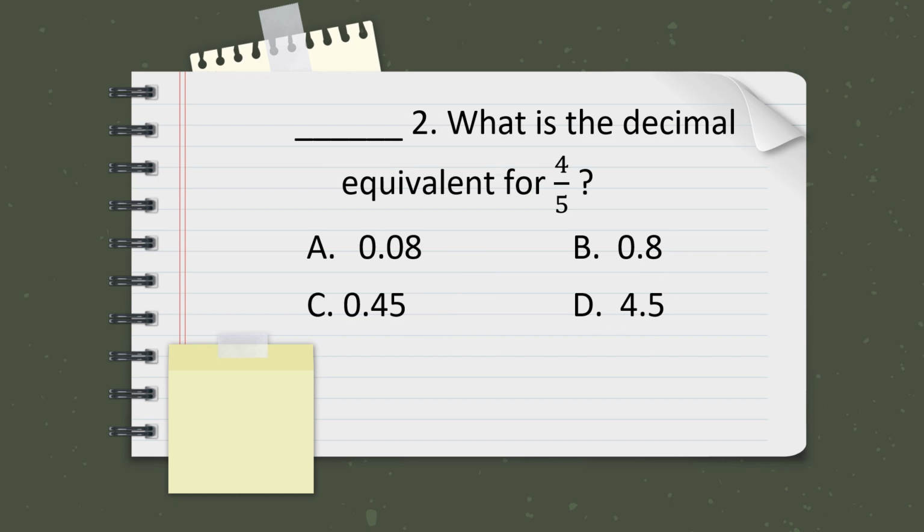Number 2. What is the decimal equivalent for 4/5? A. 0.08. B. 0.8. C. 0.45. D. 4.5.